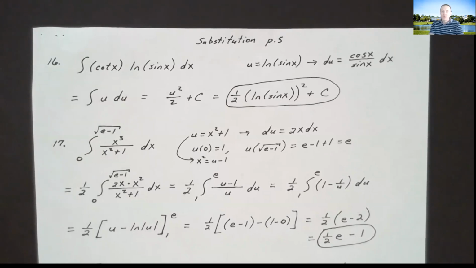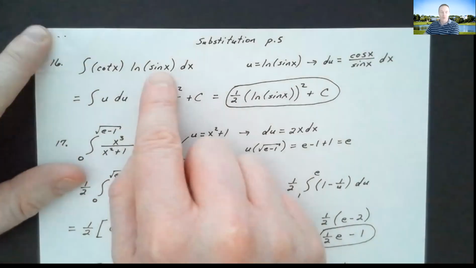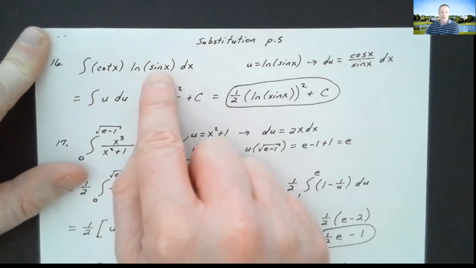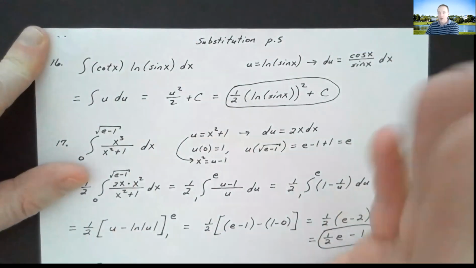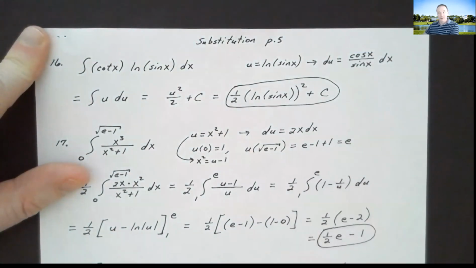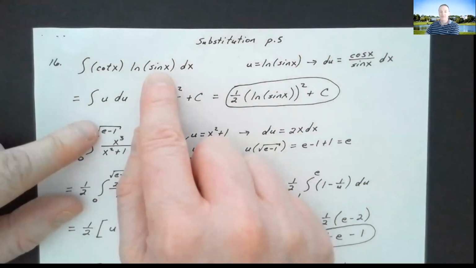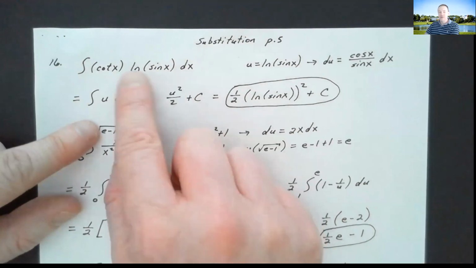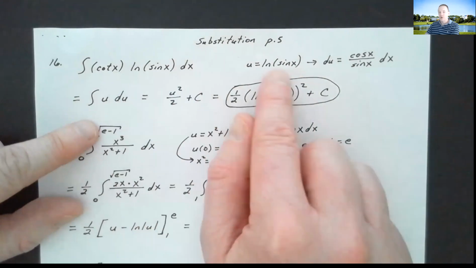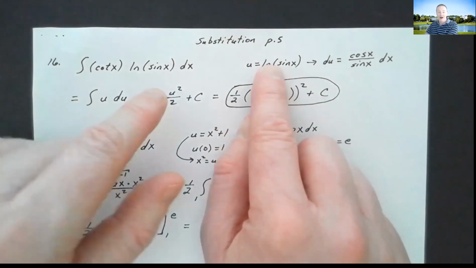You might say, well, hey, how about I let u equal what's inside and be the sine function? The problem with that, and it wouldn't be wrong, but it would then require another substitution after. So if you wanted to do the most efficient substitution in this problem, you might consider letting it be the entire natural log.